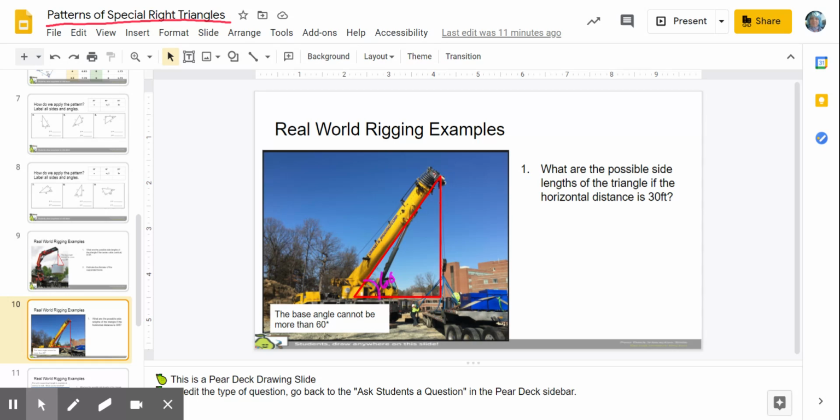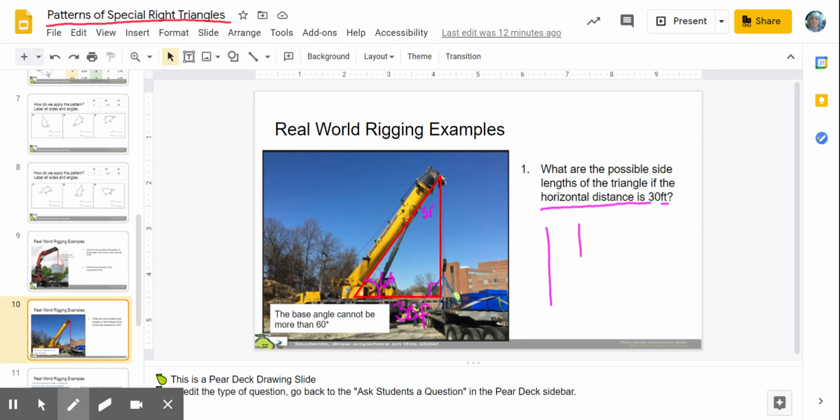So here it says that base angle can't be more than 60 degrees, which means this top angle is going to be our 30. And our right angle is down here. So what are the possible side lengths of the triangle if the horizontal distance is 30? Where's the horizontal distance? Is that up and down or right and left? Okay, so we've got 30 feet here.